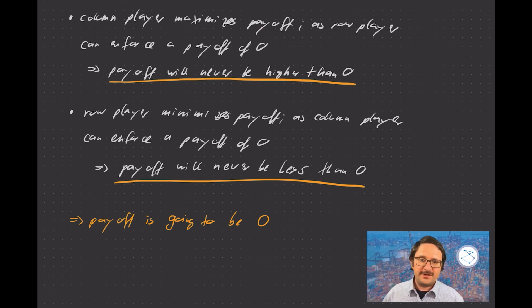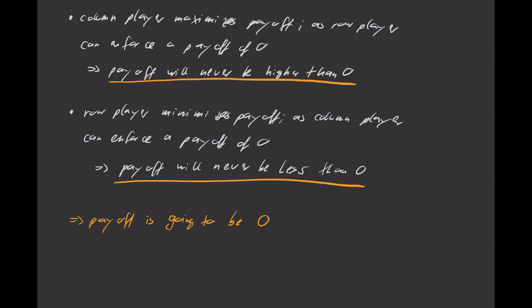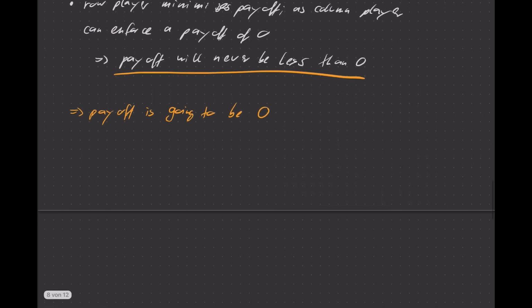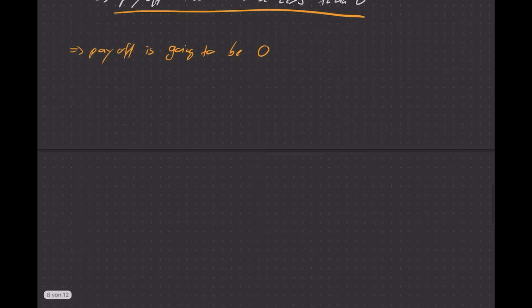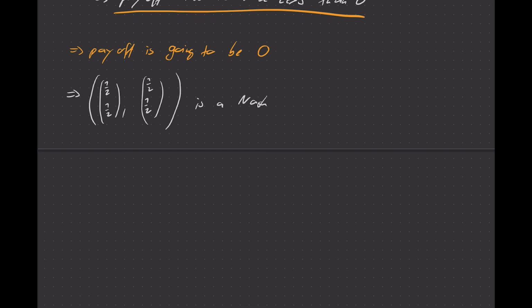No one has an incentive to change strategies, because if they do, the other player could exploit that. And that's basically the definition of a Nash equilibrium. So this shows we have a Nash equilibrium here. So the strategy is 1/2, 1/2 for the row player, and the same for the column player. That pair of strategies is in Nash equilibrium.